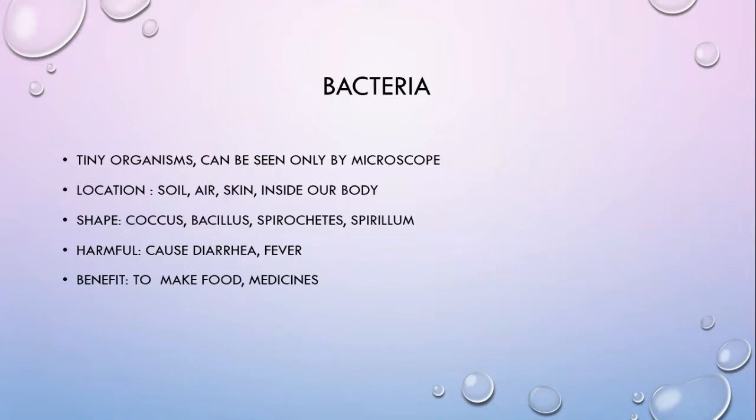And bacteria can be found anywhere, including on your skin, inside your body, especially in your intestine, soil, and also air. And the shapes of these bacteria are cocci, bacillus. Bacillus is a rod-shaped cell, spiral shape, and spirillum.